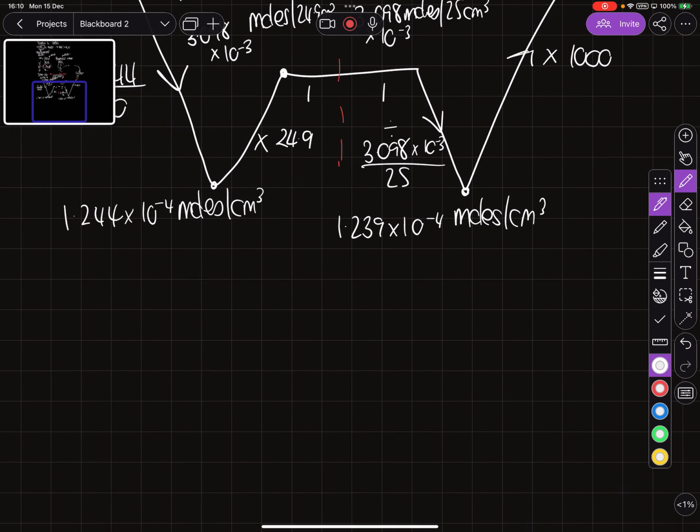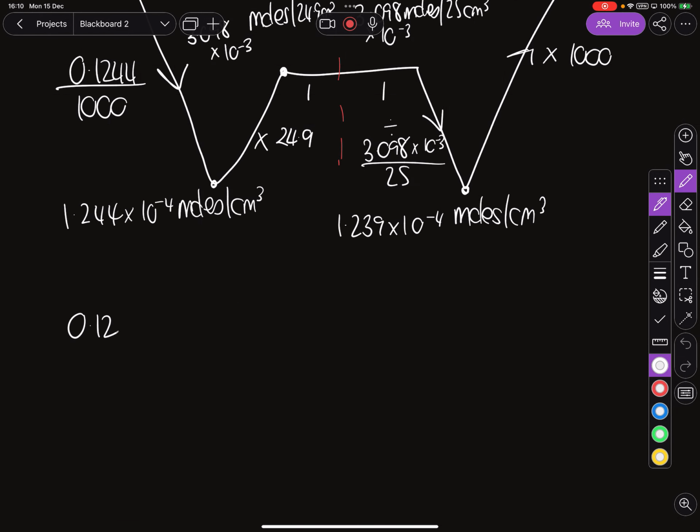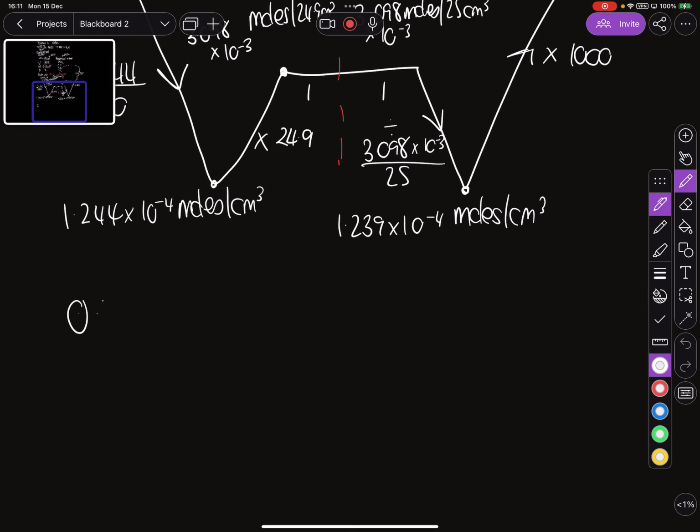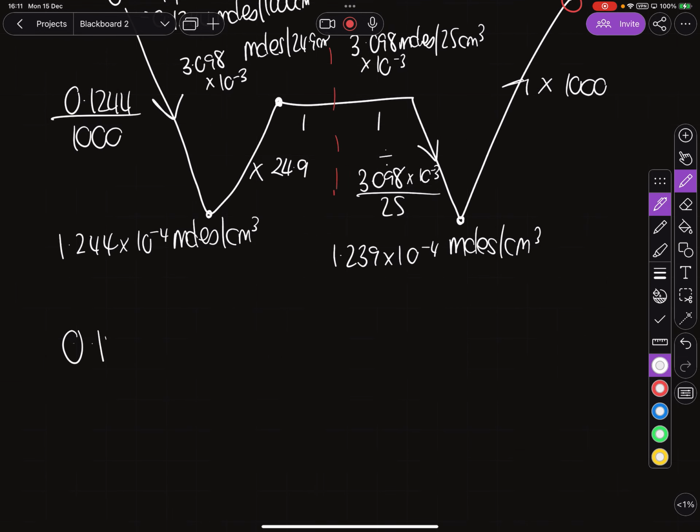So 0.1239 big M. They will ask somewhere for a concentration calculation. It could be in moles per litre, it could be moles in 1 centimeter cubed, it could be moles at the end point, or you might have to convert it into grams for yourself, and you need to know how to do it.